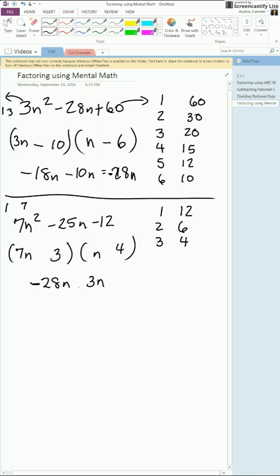In this case, it's the 28, and I need the 3 to be positive. So I need this to be positive and that to be negative, and then I have the 7n, and the 12 is negative, and then when I combine them, this is going to give me a negative 25n.